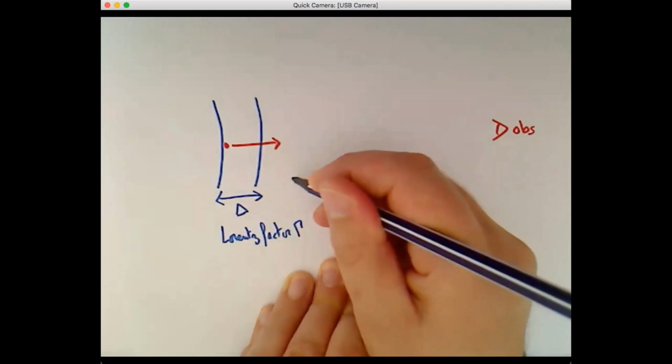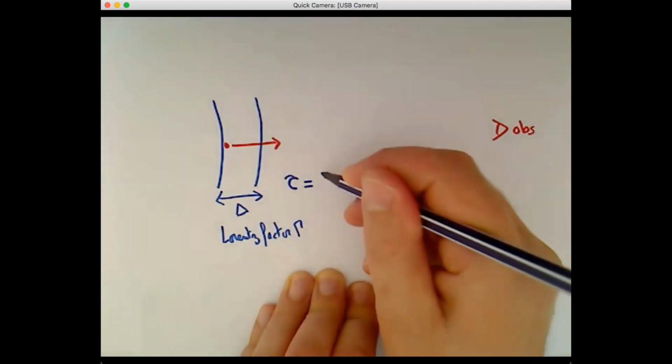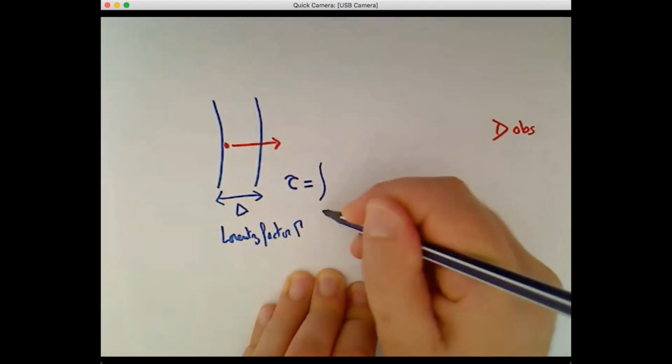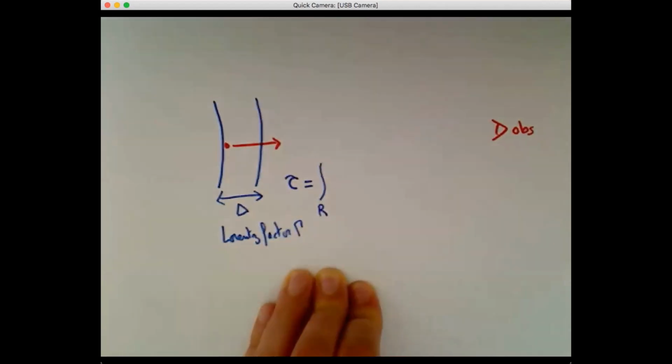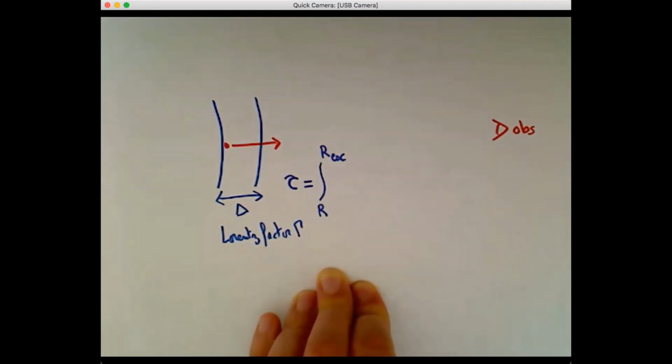So in this case, I can compute the optical depth. It will be an integral from the radius where the photon is emitted to the radius where the photon escapes from the relativistic layer. This radius is easy to compute.